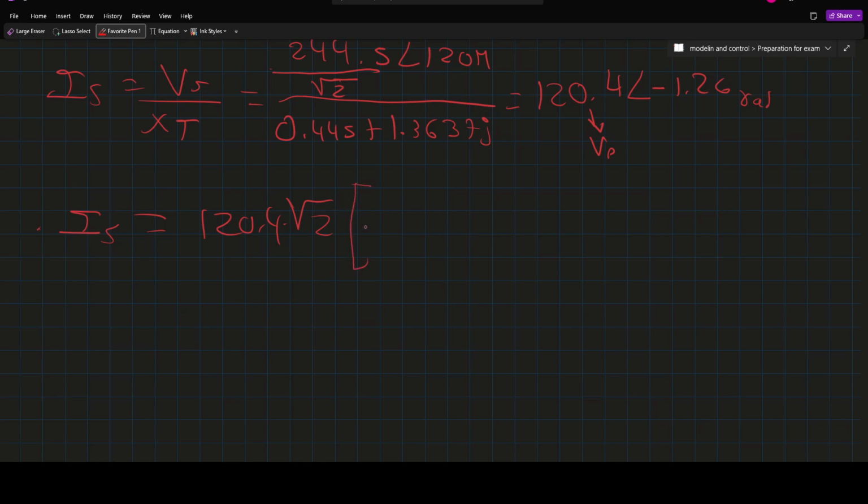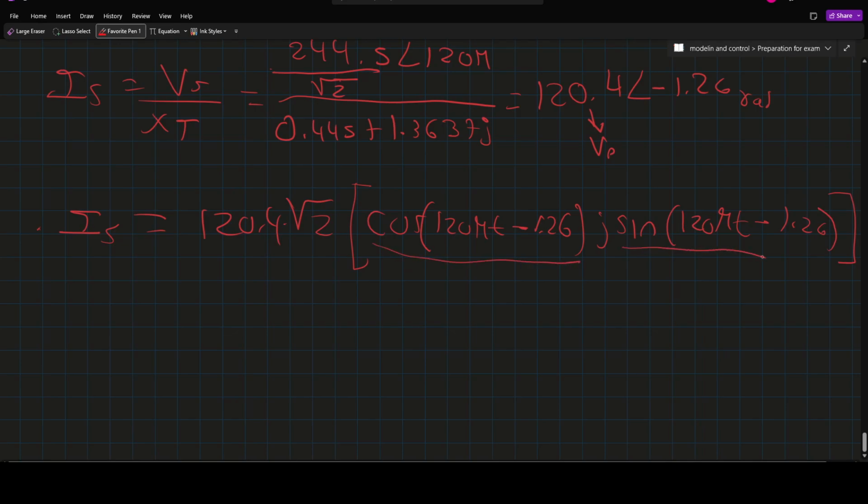And we're gonna have our cos of 120 pi t minus our angle 120.6 radian plus j sine 120 pi t minus our angle. Now this is our alpha component and our beta component is the same that we did with the voltage, just that in the equation we subtract an angle.